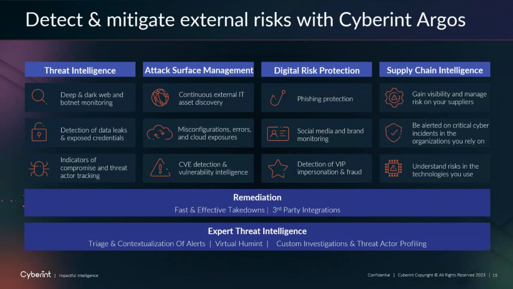Okay, so Cyberint specializes in threat intelligence and attack surface management, and in combining the two, supply chain intelligence is one area where we think these techniques apply very well.